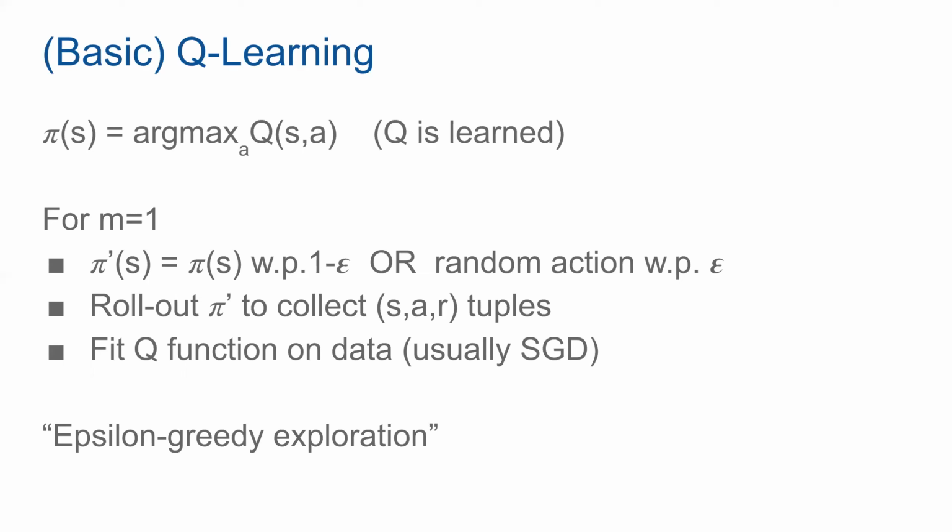And then we roll out pi prime to collect state-action-reward tuples. We fit the Q function on the data we've collected, and then we repeat. So this is Q-learning, or the basic version of Q-learning. And here, the randomness, again, we talked about how we need to have enough randomness in the policy that we can potentially explore every state-action pair. This type of randomness is called epsilon-greedy exploration.